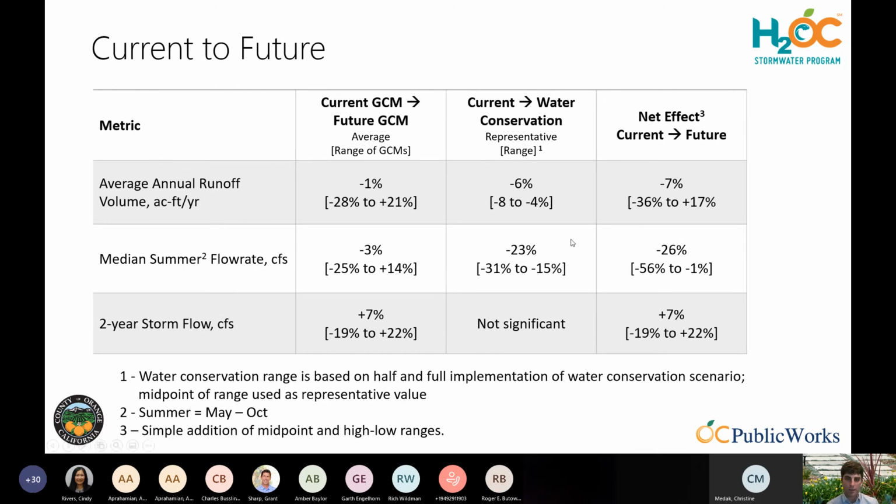And this one says, what if the climate doesn't change, but we do decrease our irrigation to satisfy mandates for reduction. And are these additive? I don't know, they might or might not be.